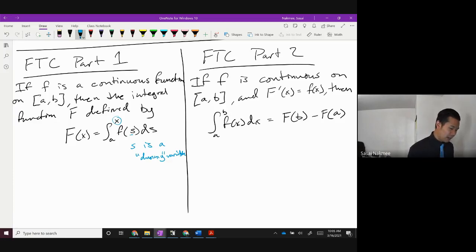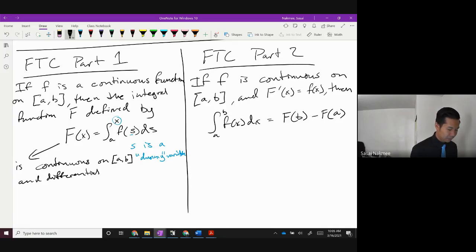Right? If this capital F is defined by this integral function right here, and if this f is continuous on a to b and differentiable on a to b, I know this is a lot of things here.